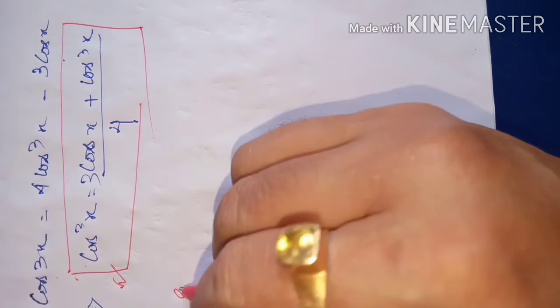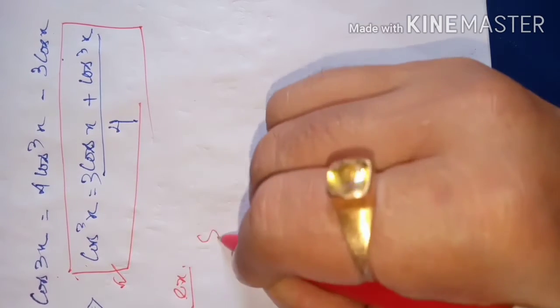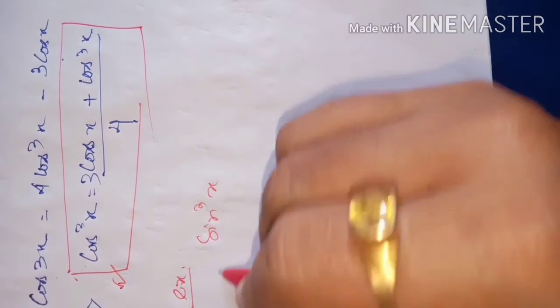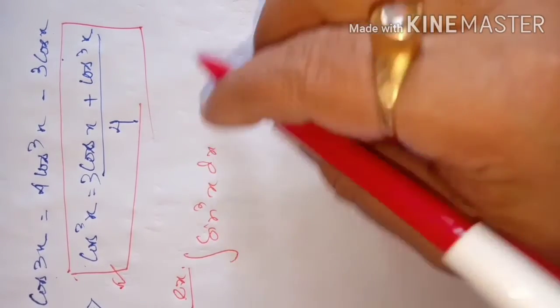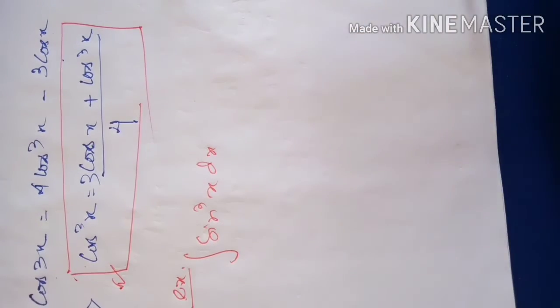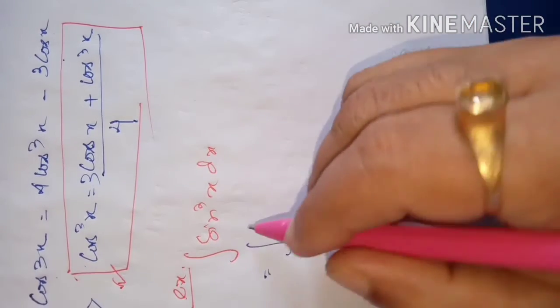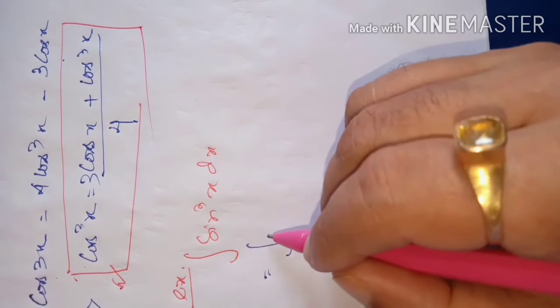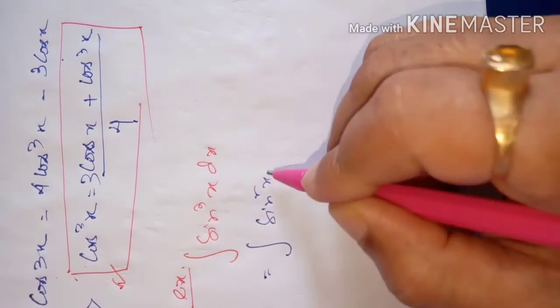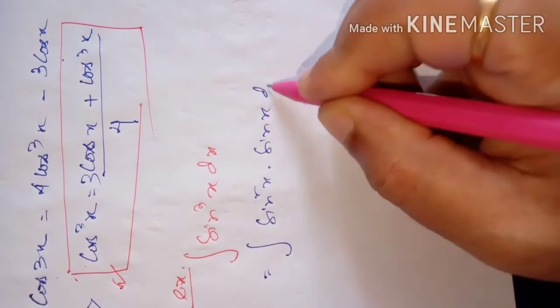For example, suppose a problem is given like this, sin cube x, and you have to find its integration. You can proceed this way also. First you express the integration of sin cube x as sin square x into sin x dx.